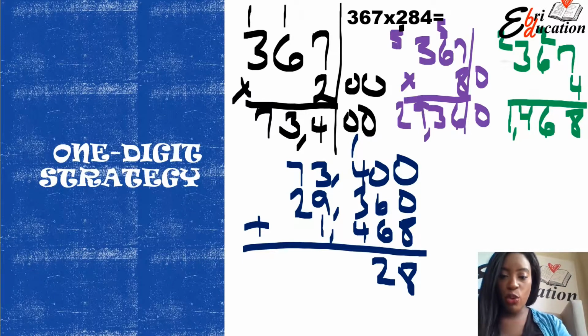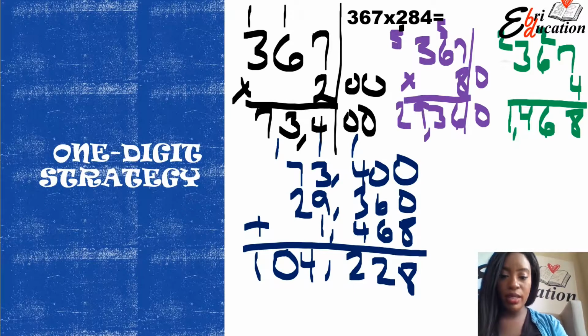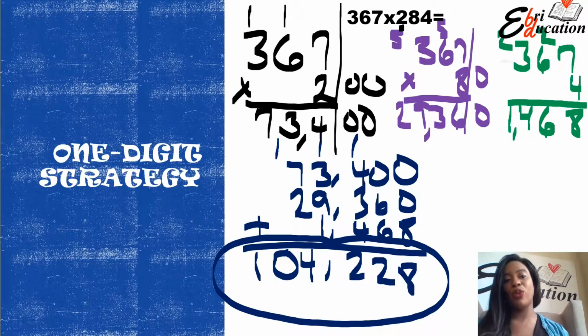Now we have 4 plus 4, which gives us 8, plus 3, which gives us 11, plus 1, which gives us 12. Then I know 9 plus 1 gives us 10, plus 4, which gives us 14. And then 7 plus 2 gives us 9, plus 1, which gives us 10. So we have 104,228 as our product after we added those partial products together.